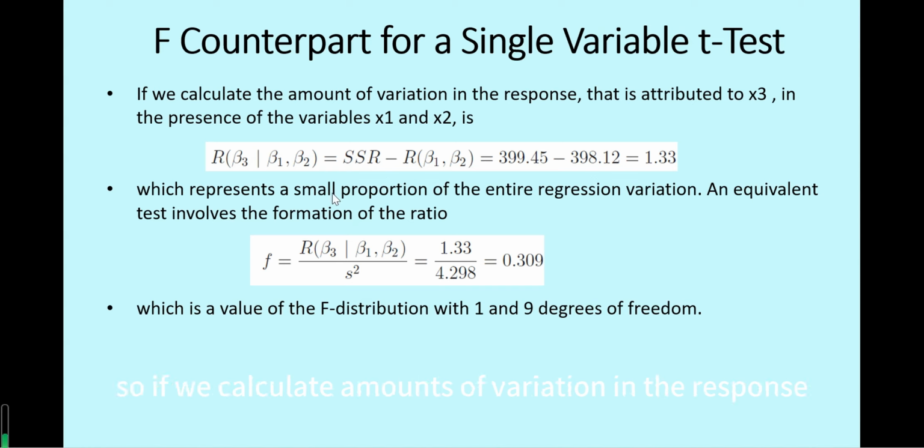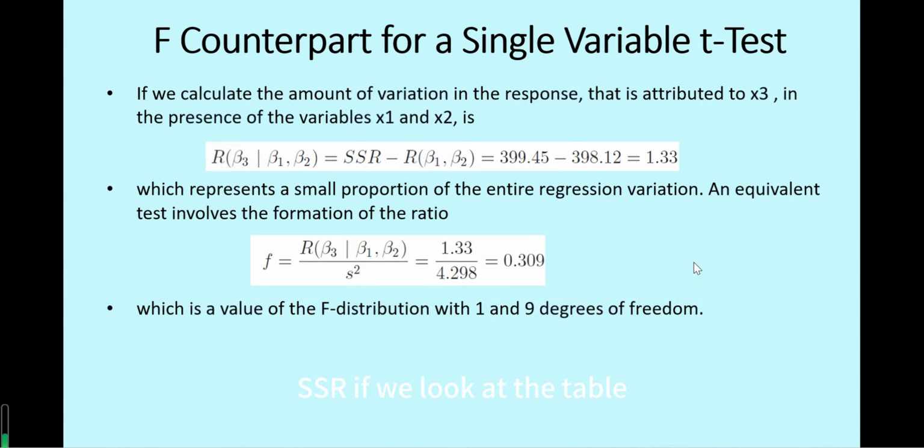And we can use another alternative called the F-test, which is an ANOVA type test. We calculate the amount of variation in the response that is attributed to x3 in the presence of the variables x1 and x2, so we have to calculate this term called R beta 3 given beta 1, beta 2. This term starts from the total SSR.